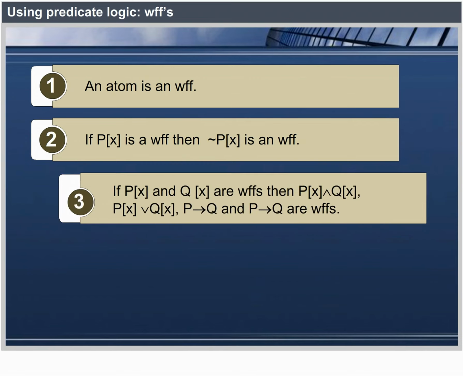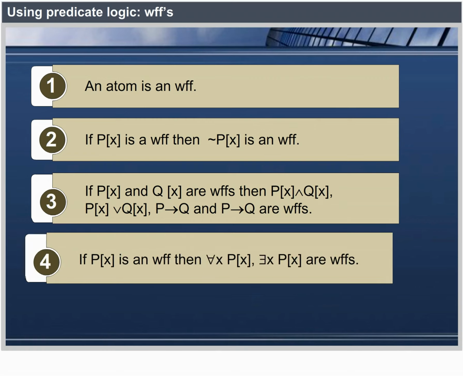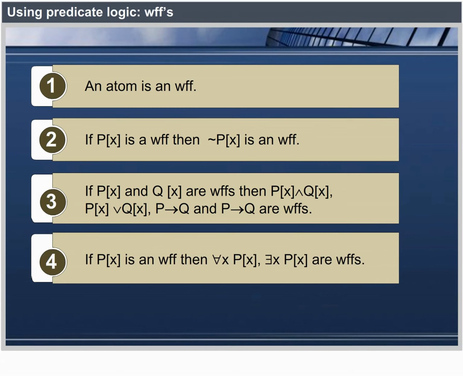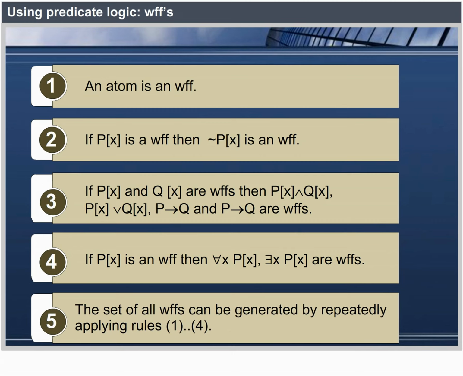If P(x) and Q(x) are WFFs, then P(x) and Q(x), P(x) or Q(x), P implies Q, and P if and only if Q are WFFs. If P(x) is a WFF, then for all x P(x) and there exists x P(x) are WFFs. The set of all WFFs can be generated by repeatedly applying rules 1 to 4.